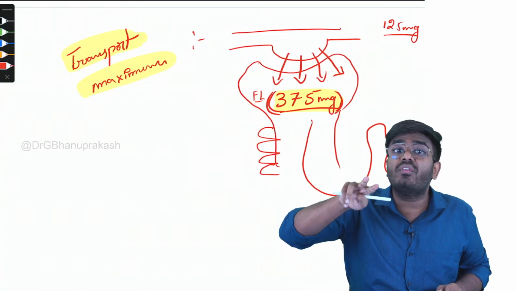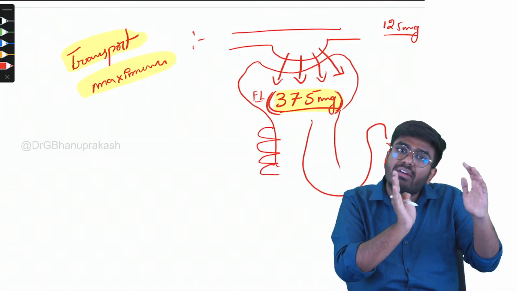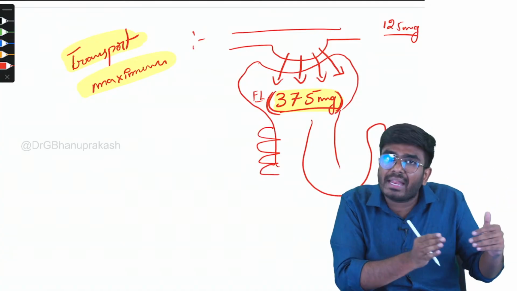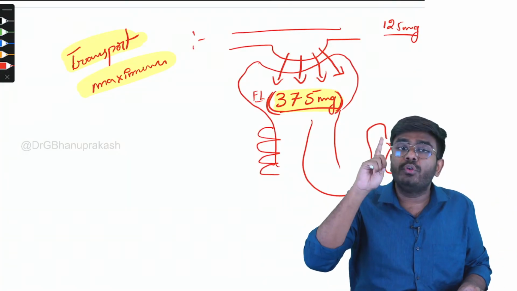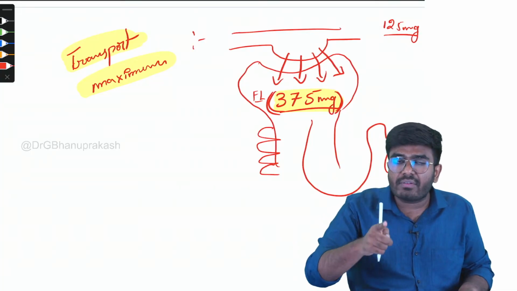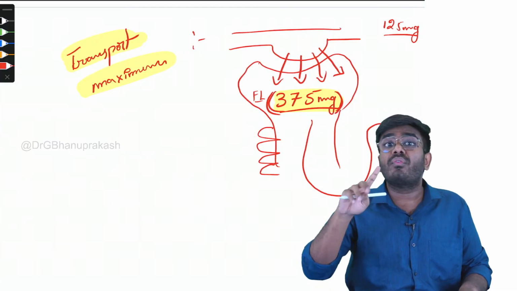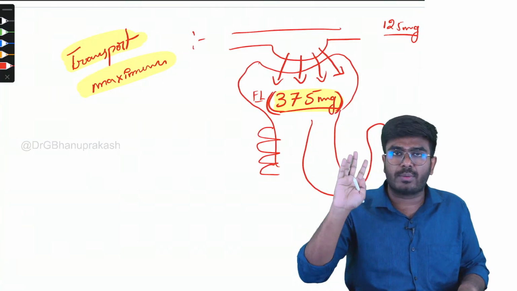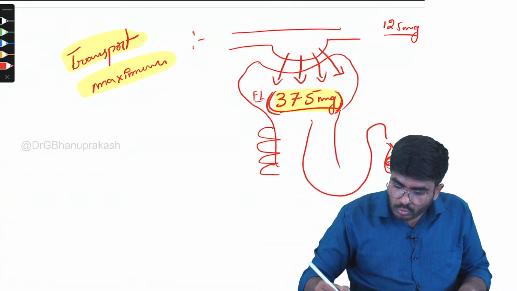Up to 375, your nephrons can manage to reabsorb. But if you increase the filtered load more than 375 milligrams per minute, there is no further glucose reabsorption. All that further glucose will start to appear in the urine.